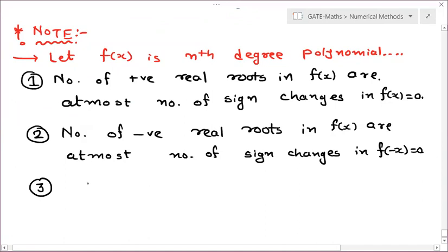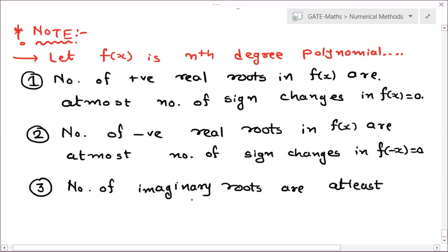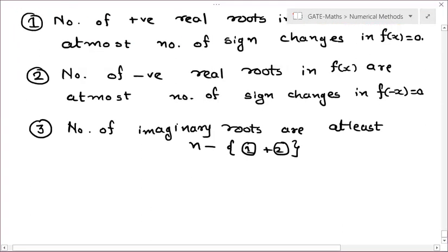Now, third, the number of imaginary roots are at least n minus 1 plus 2. Right, n minus 1 plus 2 means your answer can be in 1 and your answer can be in 2.